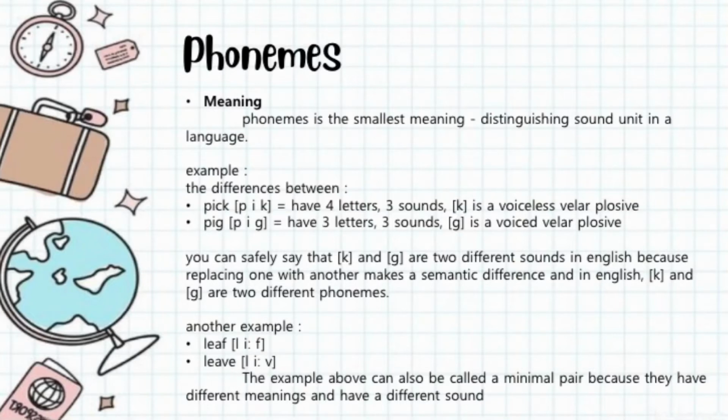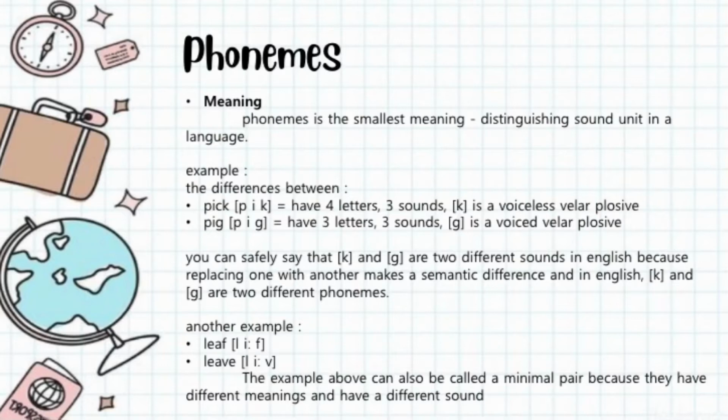If you just think of p and b purely as sound segments, you're thinking of them as phones. Phones are studied in phonetics, but whether they make a semantic difference, if they do, then they are different phonemes, which is a study in phonology.